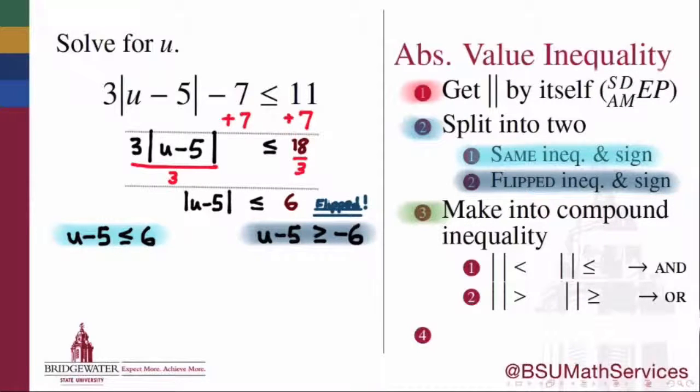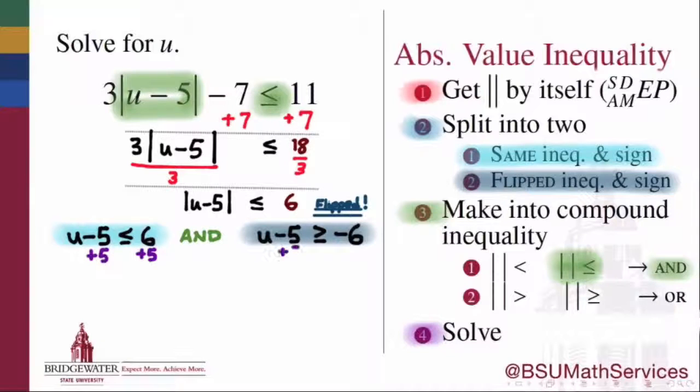In the former case, which is what we have in this example, because our absolute value is being set as less than or equal to 6, the logical connector that we need is AND. Now we've obtained a compound inequality, the solution of which will solve our original absolute value inequality problem.